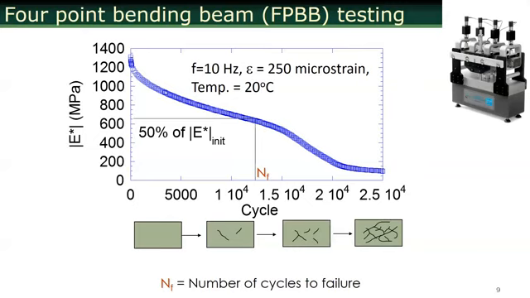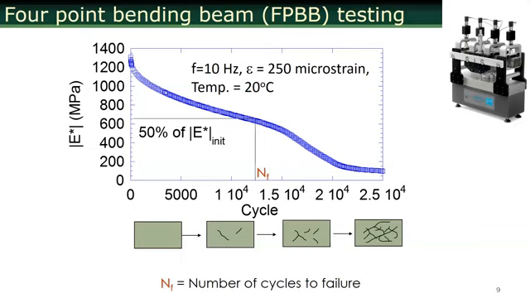As the cycles go up, micro cracking in the structure of the HMA starts to grow, and at some point the sample breaks and fails. Typically in the AASHTO specification for this test, 50% reduction in initial stiffness is counted as number of cycles to failure. So that is the number of cycles to failure for this test.